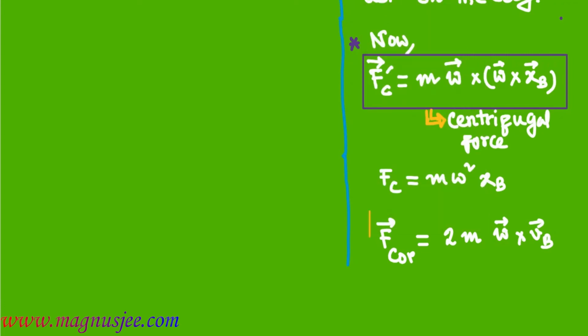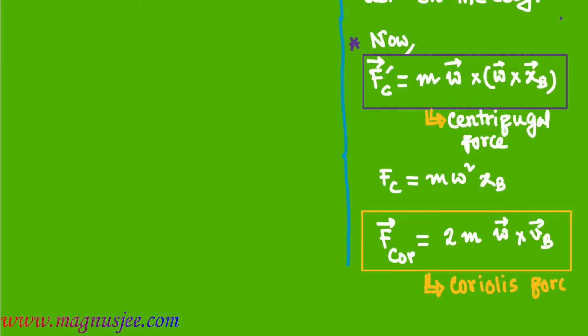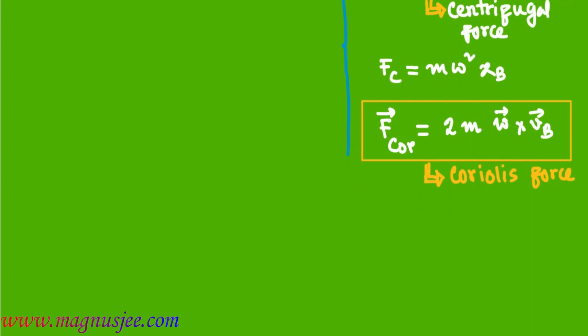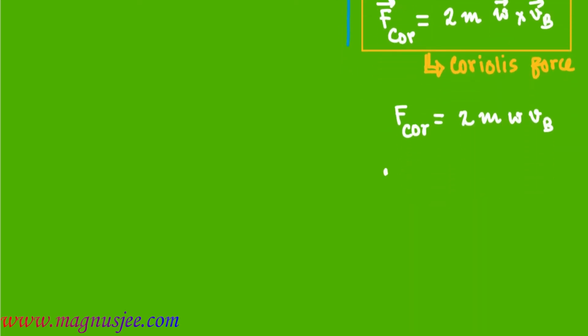The magnitude of Coriolis force is F Cori equal to 2m omega vb.